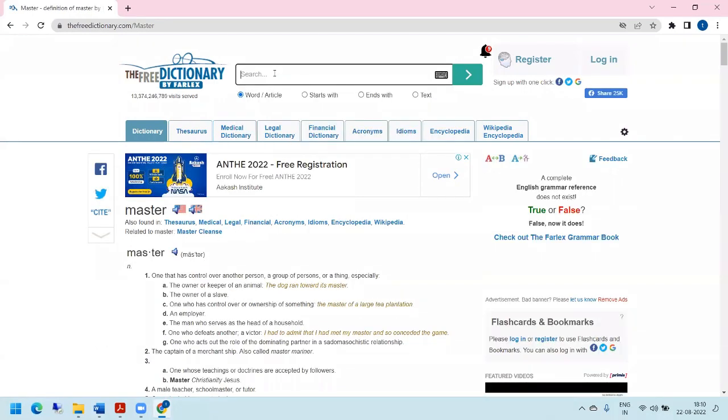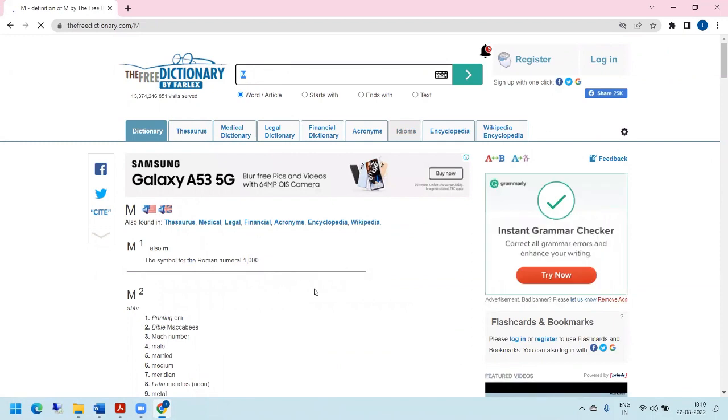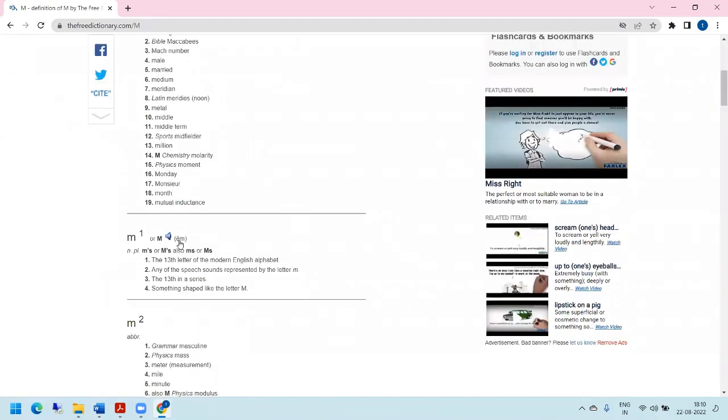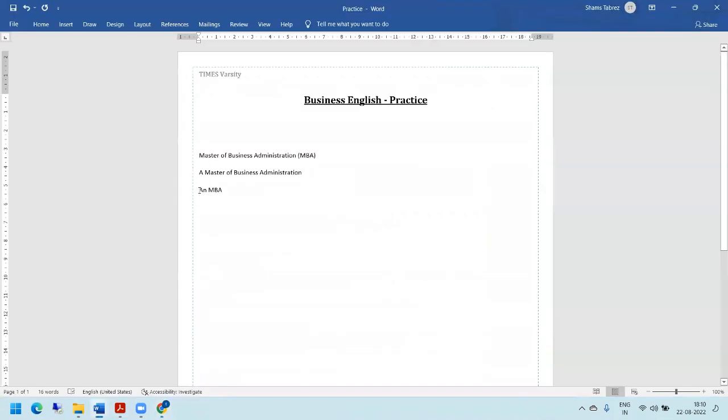But when I put only MBA, I'm just putting the letter M. Let's see what sound it is: "em". Can you see? The vowel sound is coming. So when we use the short form, it should be "an MBA". When we use the full form, it should be "a Master of Business Administration".